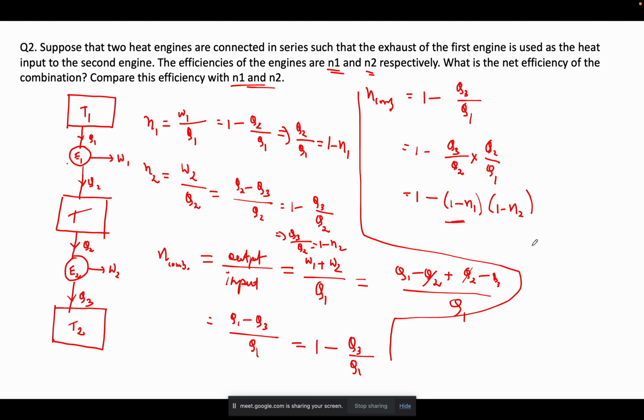Now suppose you have n numbers. This is a bit extra. Now this is your answer, in combination with eta 1 and eta 2.